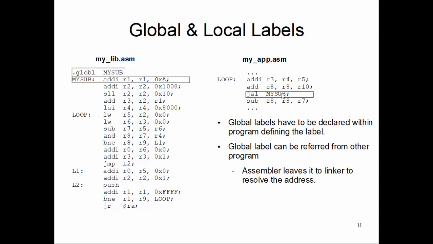By default it assumes maybe it is a global label I am referring to, and it lets the linker resolve that. Only at the linking phase, if the linker does not find any label called my sub while dealing with all the different object codes from different source code, then it gives an error: hey, I cannot find your my sub, so I cannot resolve that part. But as long as the linker gets my sub as a global definition in some other piece of code, then we are okay.